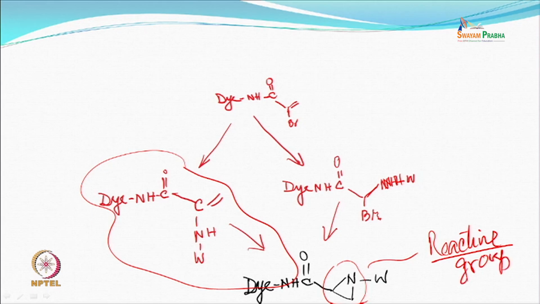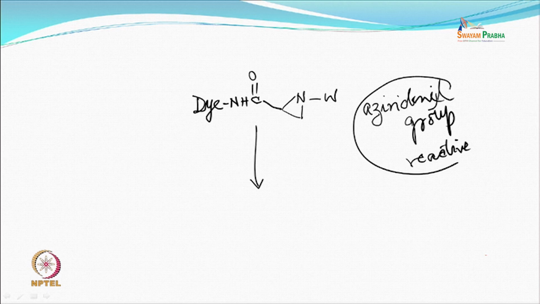So, this ring can break, and if this ring breaks, then there is another possibility that this ring can combine with another wool molecule, but depending upon where the amino end group is, obviously steric hindrances will always come into picture.